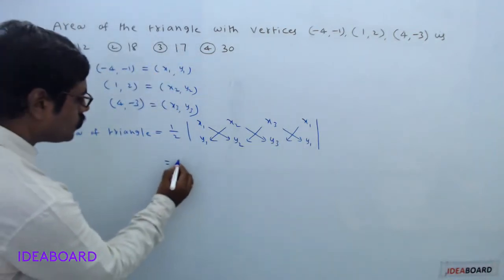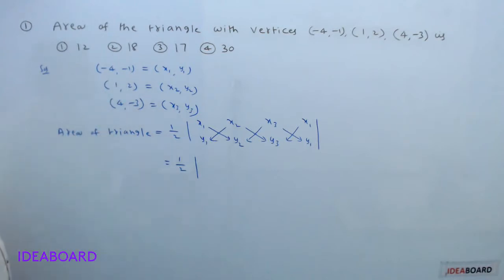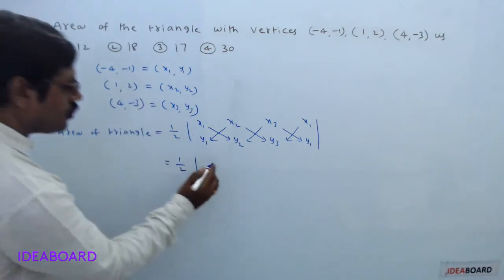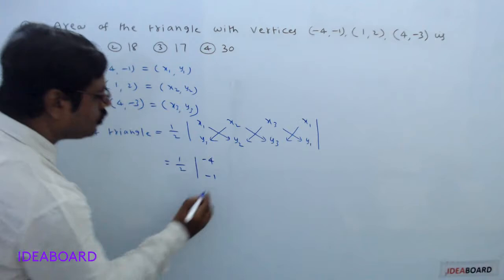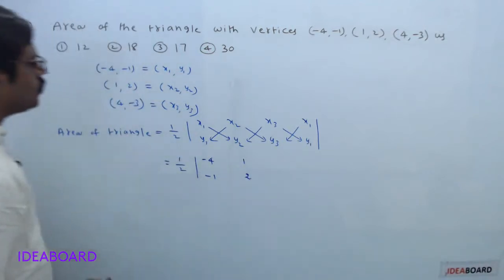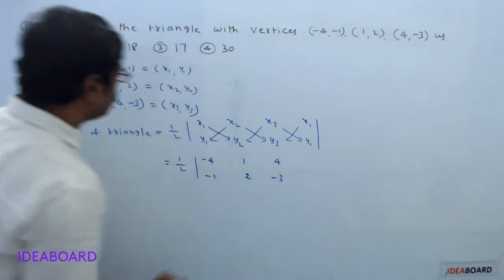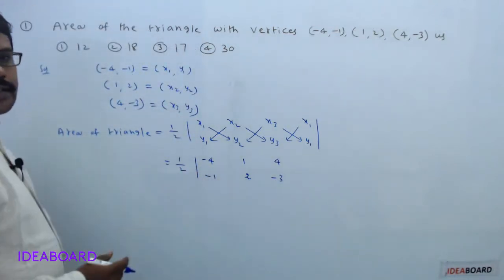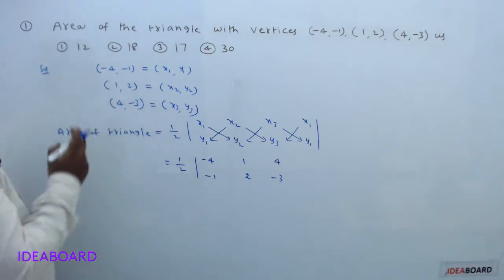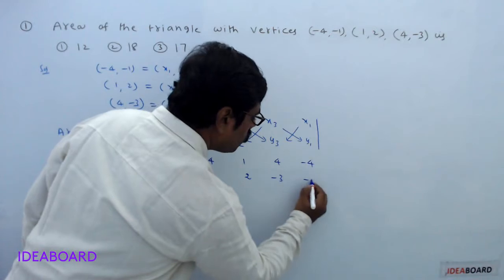Now this equals half modulus of, substitute the corresponding values. x1 y1 is minus 4 minus 1, second point 1 2, third point coordinates 4 minus 3. If all 3 points are over, then again we write down the first point coordinates, that is minus 4 minus 1.